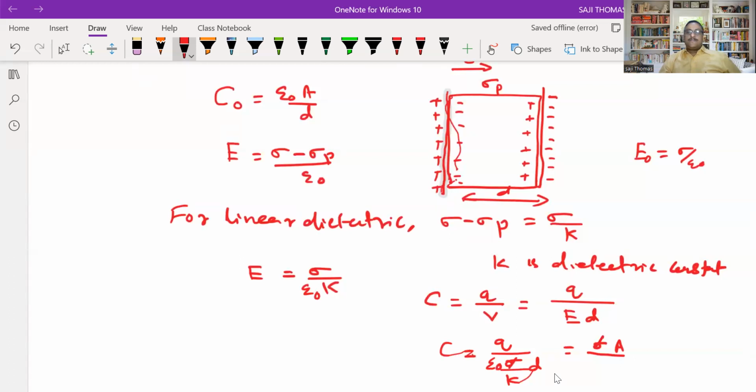So what you are getting is epsilon 0 K. This equation was there.